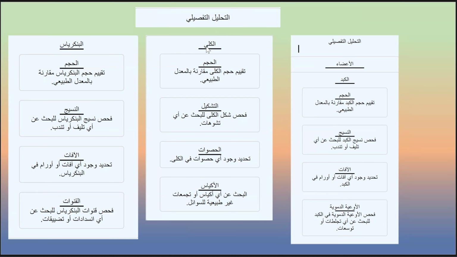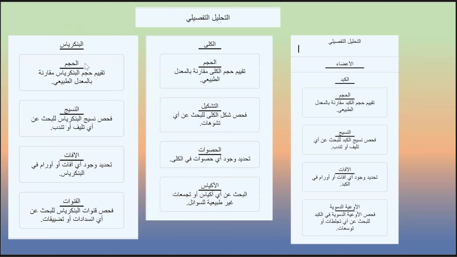We look for the kidney, and we look for the size, and we look for any changes, abnormality in the kidney, or we look for stones, and we look for the masses and cysts, and we look also for any abnormal collection around the kidney or in the kidney.